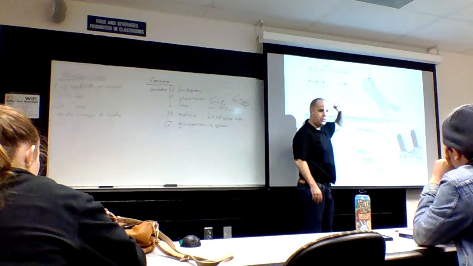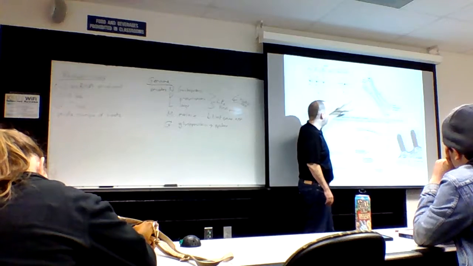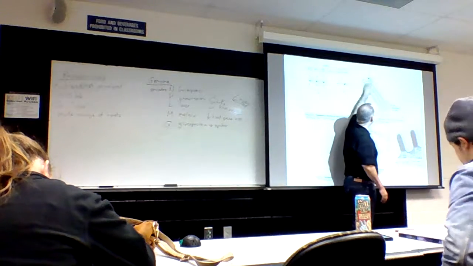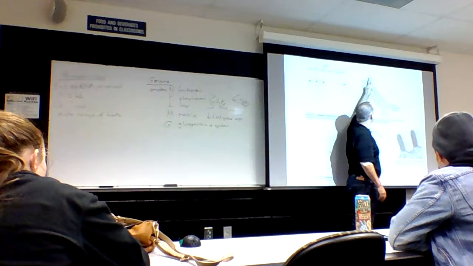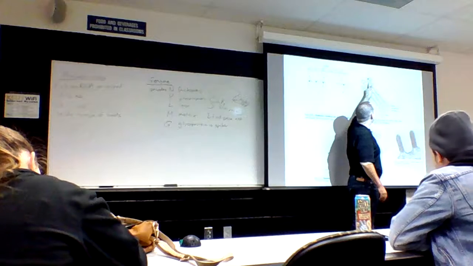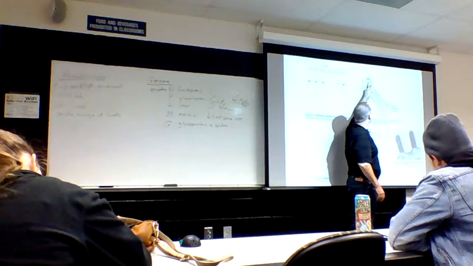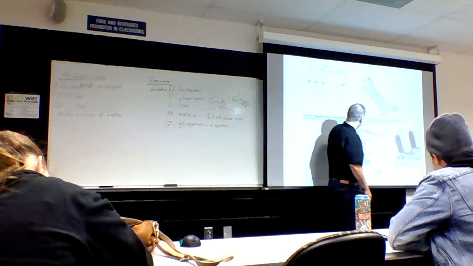G is a glycoprotein. Remember, glycosylation occurs within the endoplasmic reticulum, so it's synthesized at the rough endoplasmic reticulum, like all membrane proteins in eukaryotes. And as it's translated and integrated into the membrane, we have glycosylation and transport from the endoplasmic reticulum to the Golgi.